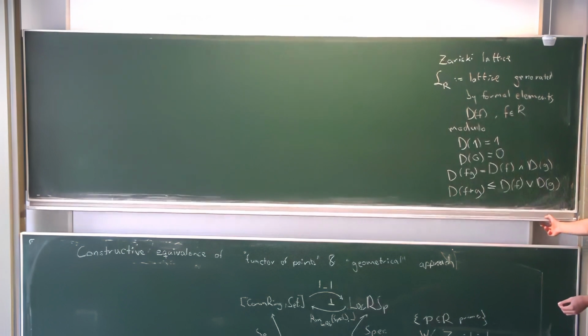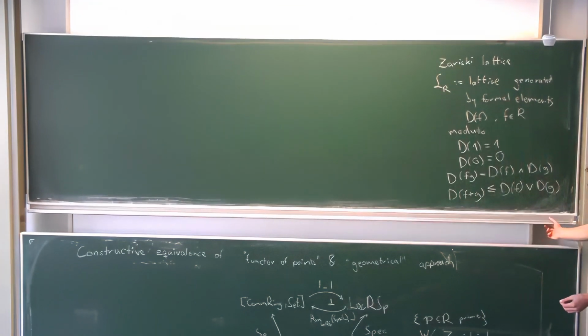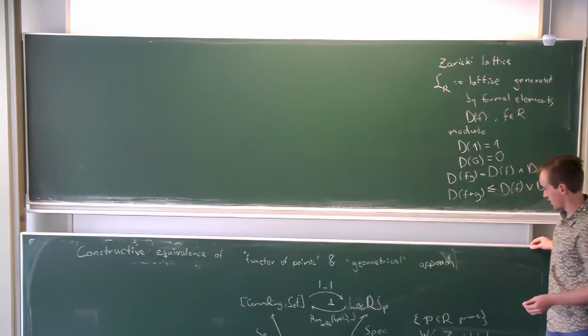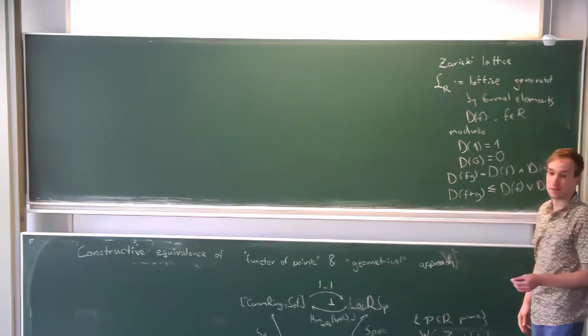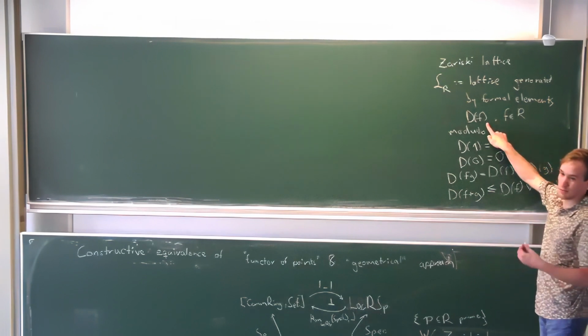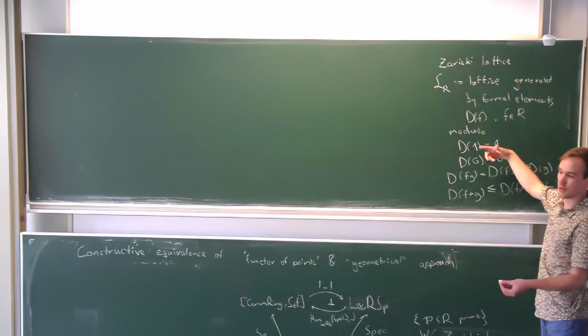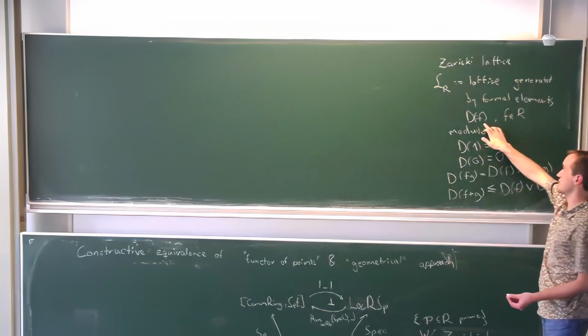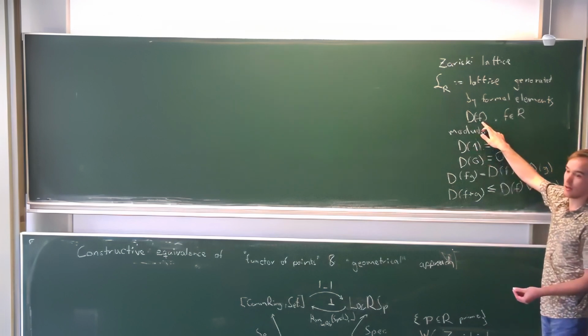So if you're a classically minded person and you like Spec of R being the set of all prime ideals, then you know what this corresponds to: the usual set D(f), all the prime ideals that don't contain the element f.